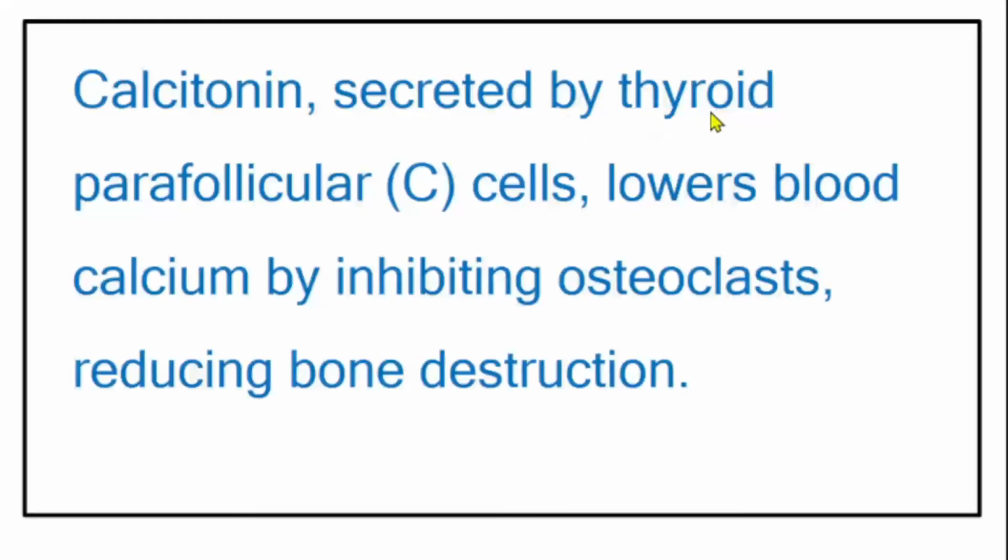Calcitonin, secreted by the thyroid parafollicular cells, lowers blood calcium by inhibiting osteoclast activity, that is, reducing bone destruction. Parathyroid hormone increases osteoclast activity, but calcitonin inhibits it.